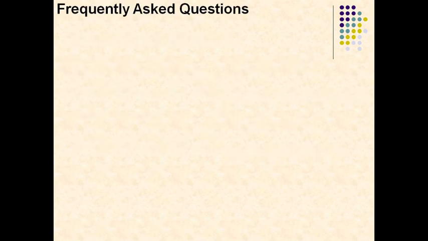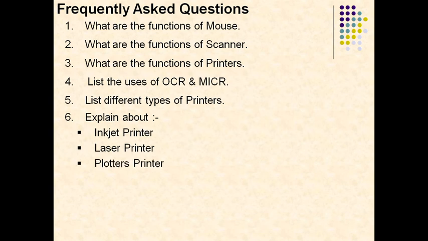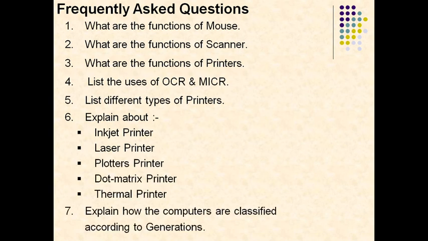Okay students. Now in the next slide we'll see the list of frequently asked questions in previous end exams. First question: what are the functions of mouse? What are the functions of scanner? Third question: what are the functions of printers? Fourth question: list the uses of OCR and MICR.